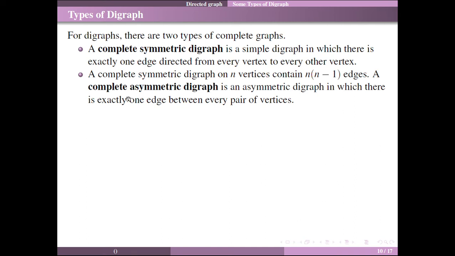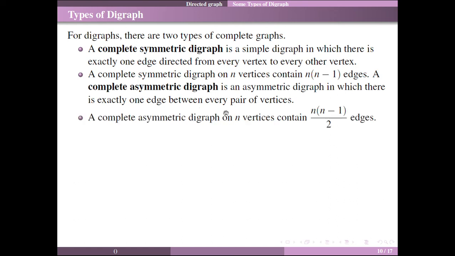A complete asymmetric digraph is an asymmetric digraph in which there is exactly one edge between every pair of vertices. Hence we can see that a complete asymmetric digraph on n vertices contains n(n-1)/2 edges. A complete asymmetric digraph is also called a tournament.